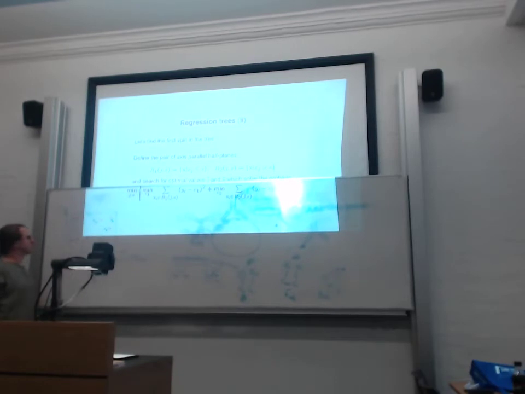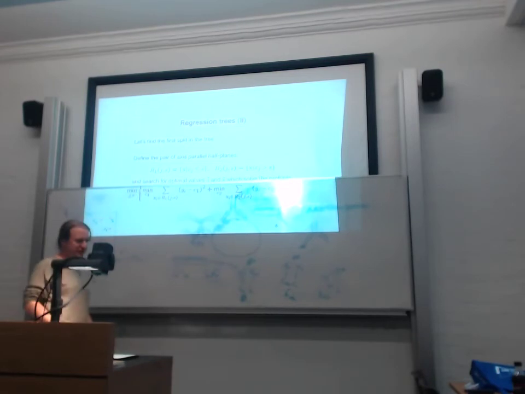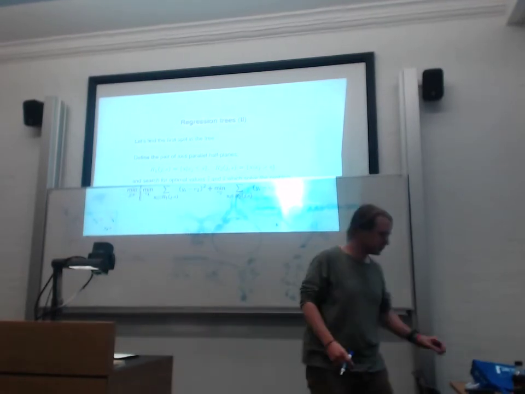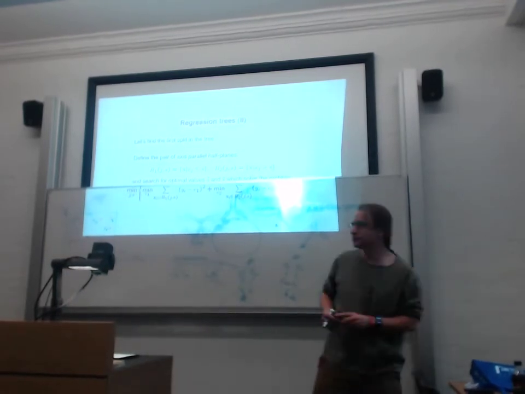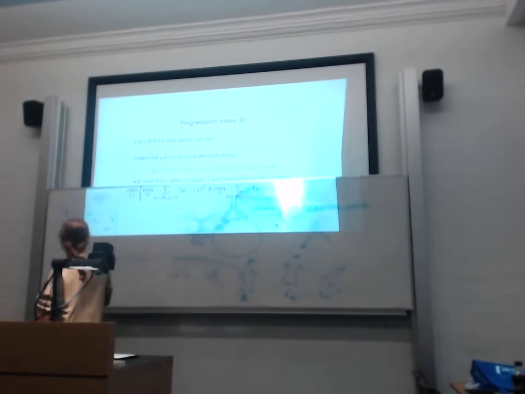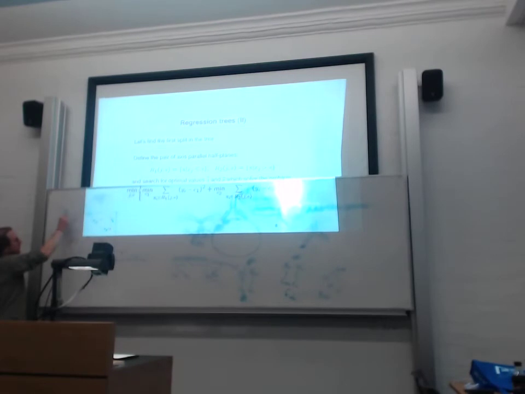Well, consider splits along the x-axis. How many potential splits are there? Well, we could split and leave no data on one side. We can split here, and we had x3 there. Here we have x1 and x3, and everything else on the other side.